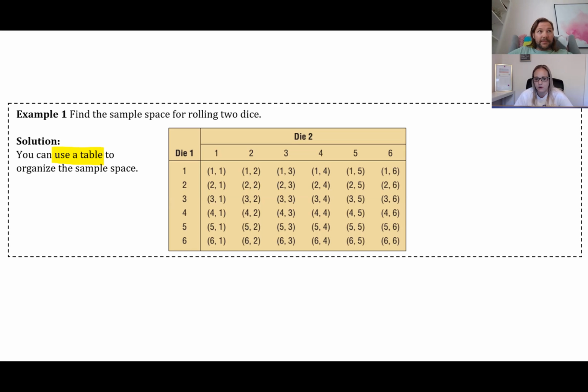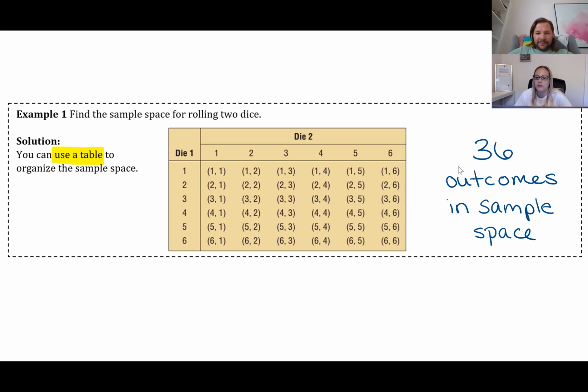So like a 1 and a 1, a 1 and a 2, 1 and a 3, and so on. Now, the whole idea with finding a sample space is that you want to know how many outcomes are in the sample space. By keeping yourself organized with a table, you can count those up, and there's 6 on each side, so that's a total of 36 outcomes in that sample space.